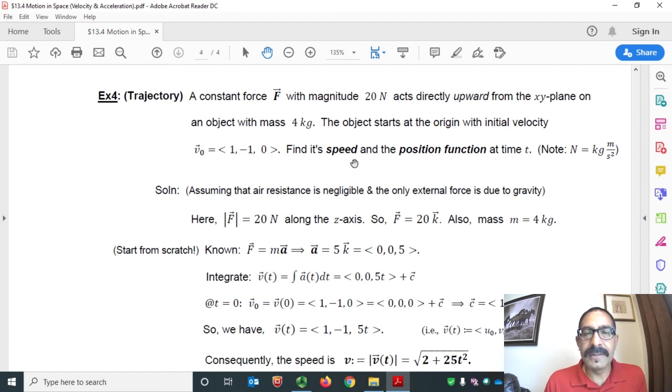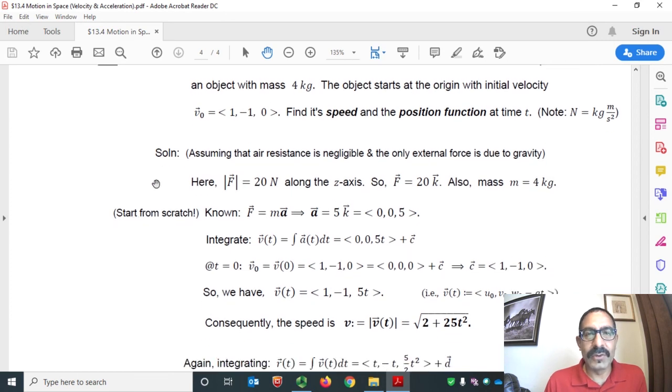Find its speed and the position function at time t. So let's begin the solutions. To begin, assume that resistance is negligible and the only external force is due to gravity.